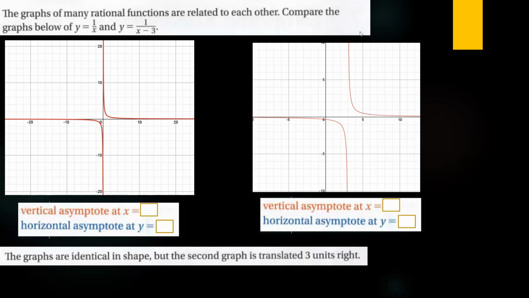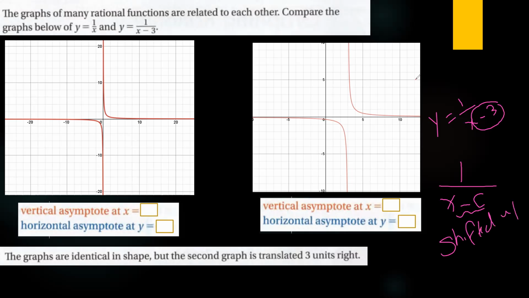So here, as you see, this is y equals 1 over x minus 3. Here the curve is shifted by 3 units. That means if you have 1 over x minus c, when c is in the denominator, the graph is shifted 3 units, or you can say c units.